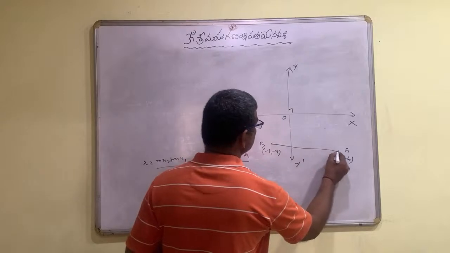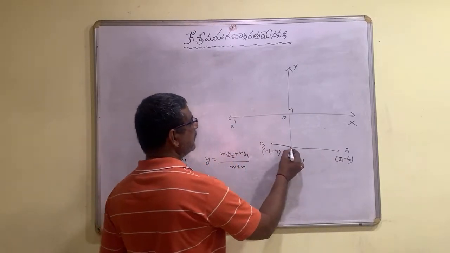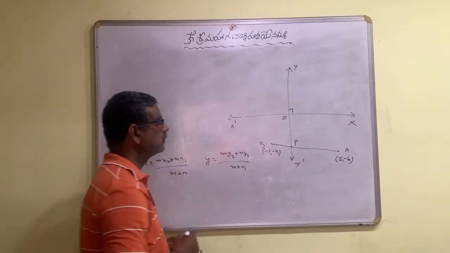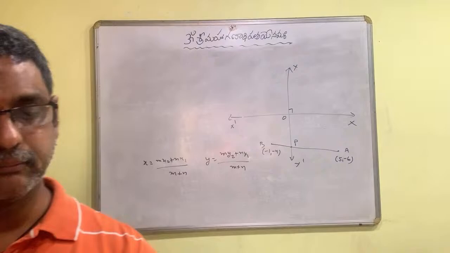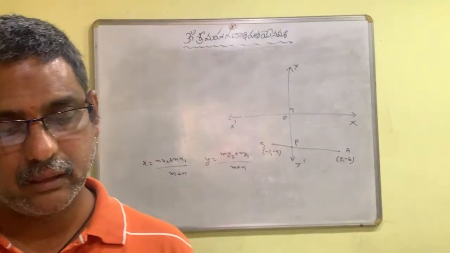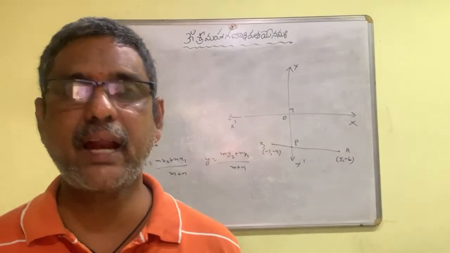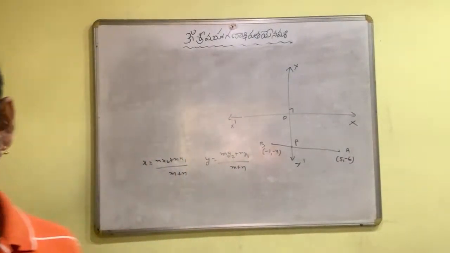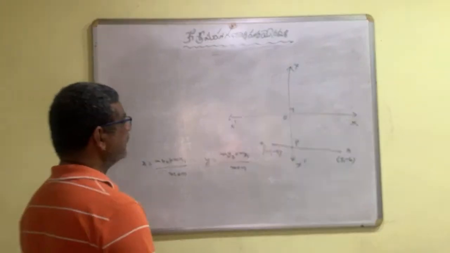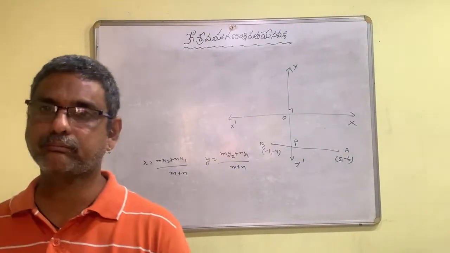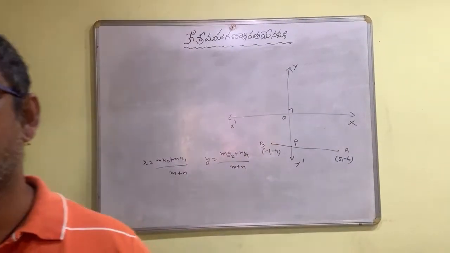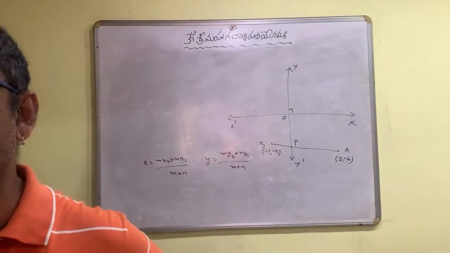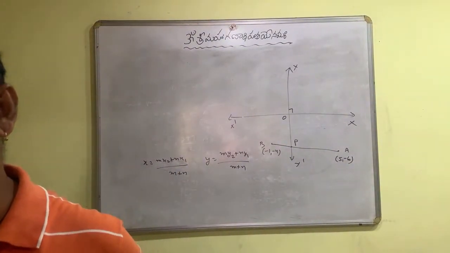If I join these two, this line segment intersects the y-axis at P. I want to find the ratio in which P divides AB. Coordinates of A, (5, -6), lie in the fourth quadrant.